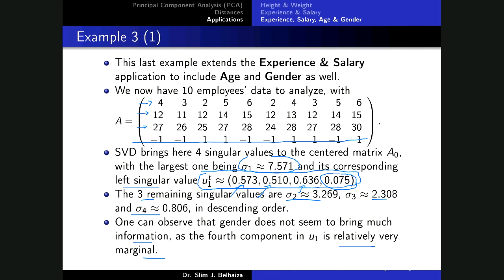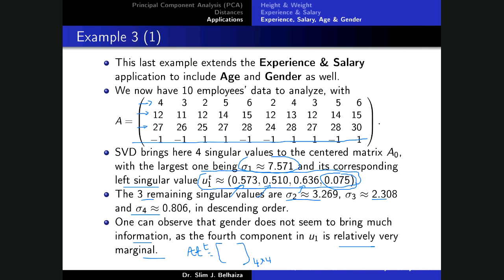Yeah, in fact, what I did, Firas, is that I computed, first of all, the variance-covariance matrix, which is a 4x4 matrix. And I've seen that there is a very small correlation between the gender and the salary. If you take the variance and covariance matrix, there is a very small correlation.